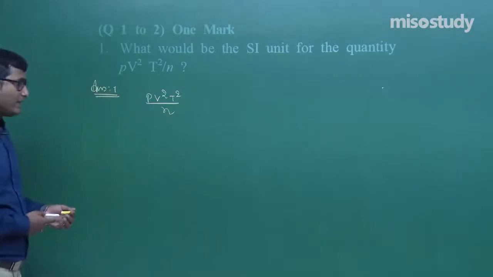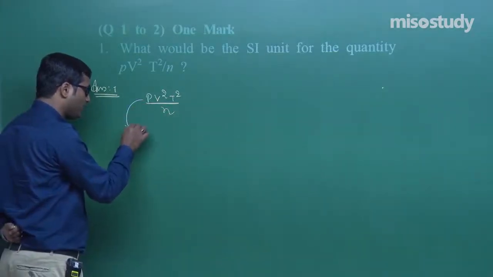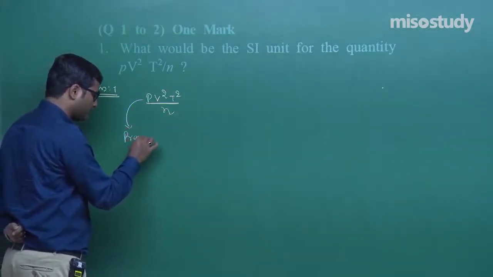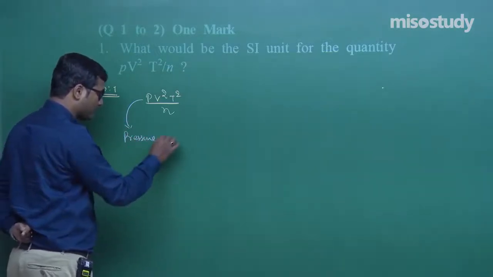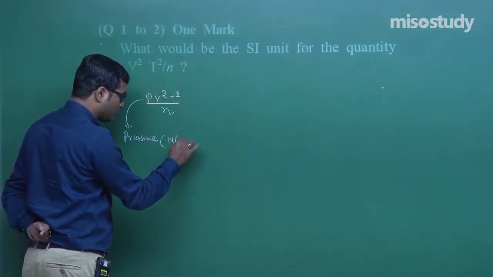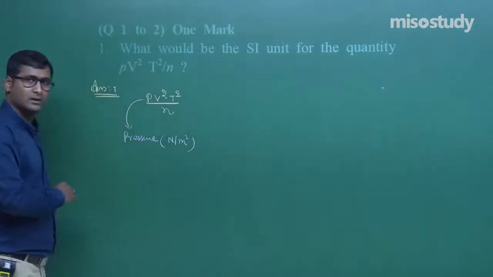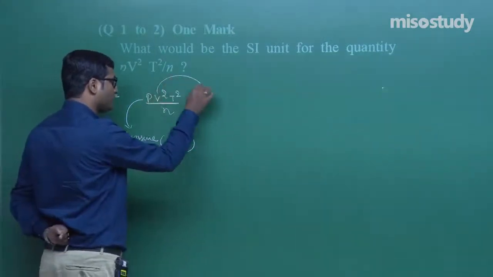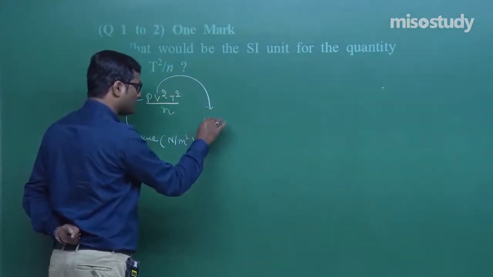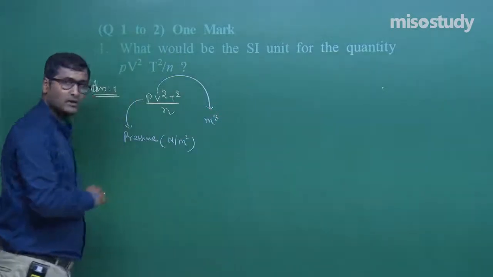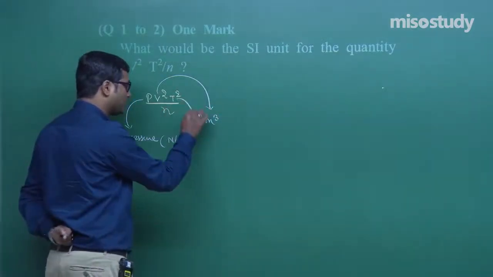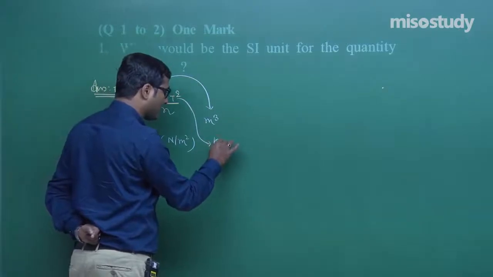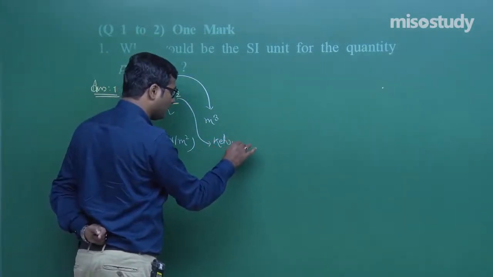As we know, P is for pressure. Pressure is Newton per meter square. V is for volume. Volume is meter cube. And the temperature is Kelvin.